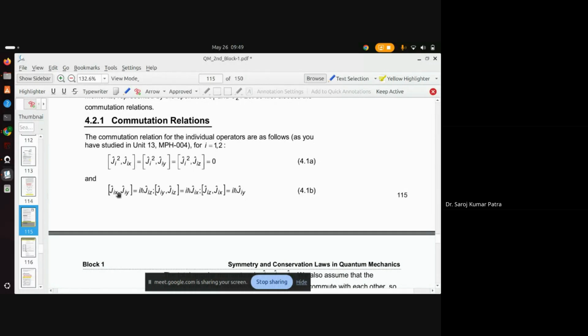So this means that if we know the X component of total angular momentum, we cannot absolutely say what the Y component of total angular momentum is. What we can determine simultaneously is one of the components of total angular momentum and the total angular momentum itself.